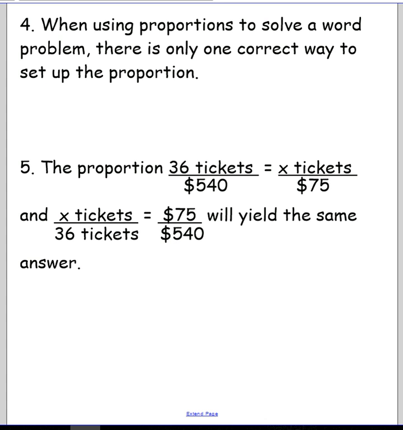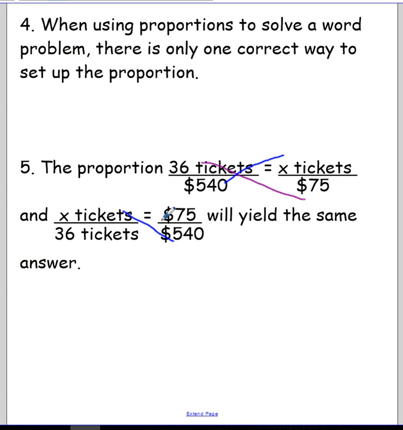So we know to solve, we would cross multiply. So for the first one, we would have 36 times 75 is equal to 540 times x, or I would set that proportion up if I was actually solving it: 540 times x is equal to 36 times 75. So let's see when it's across from each other here. Here's our x, so we go across and we do get 540 just like we did up here.